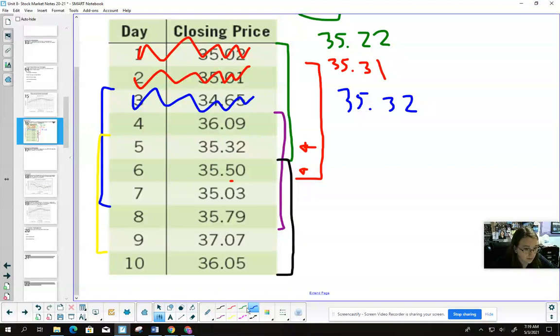This is the purple one, right? Yep. So 35.55. And then I've got yellow next.